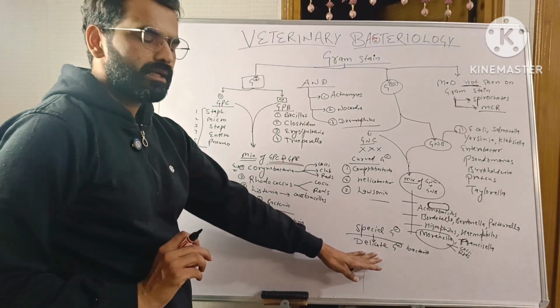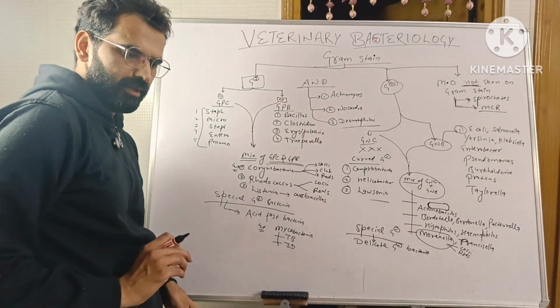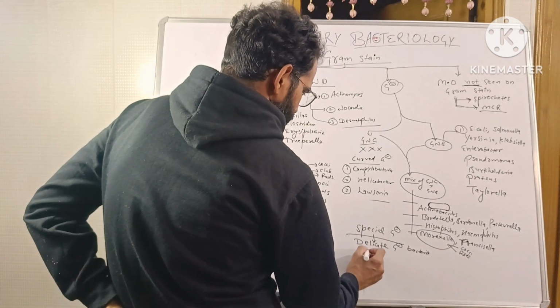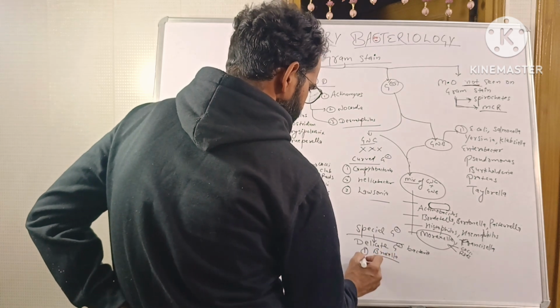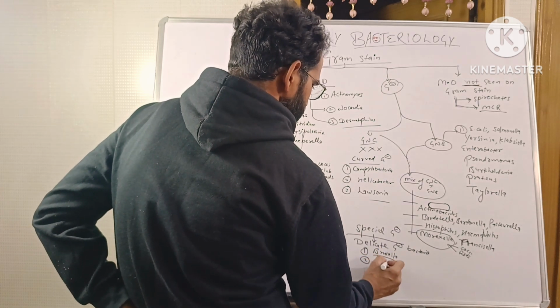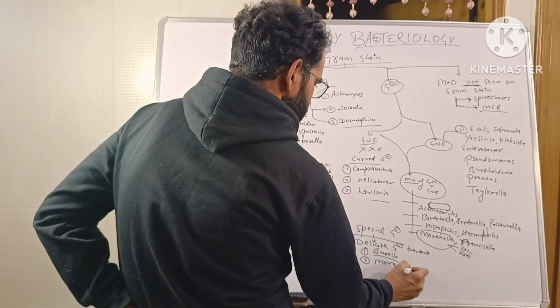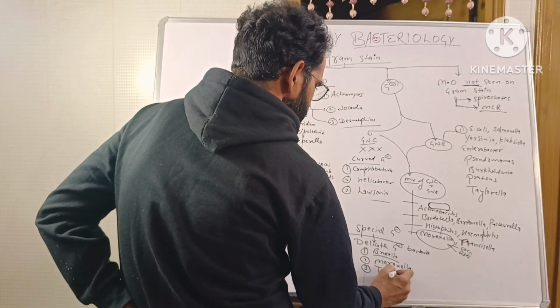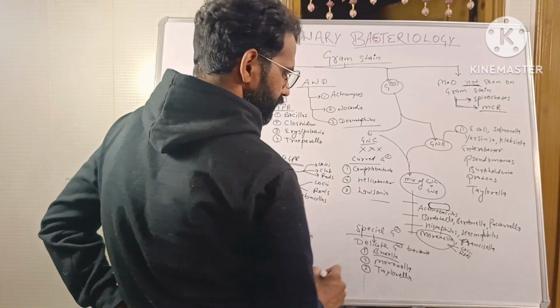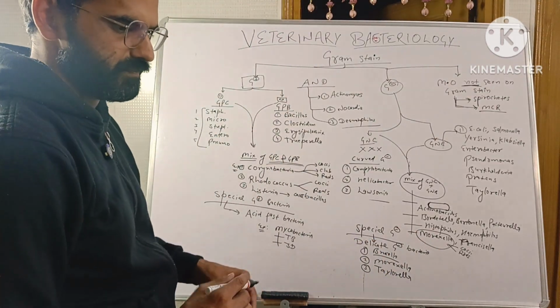So we have three bacteria here: one is Brucella, number two is Moraxella, and number three is Taylorella equigenitalis.